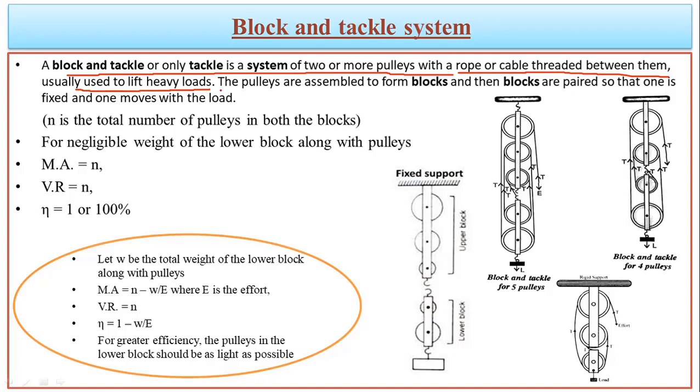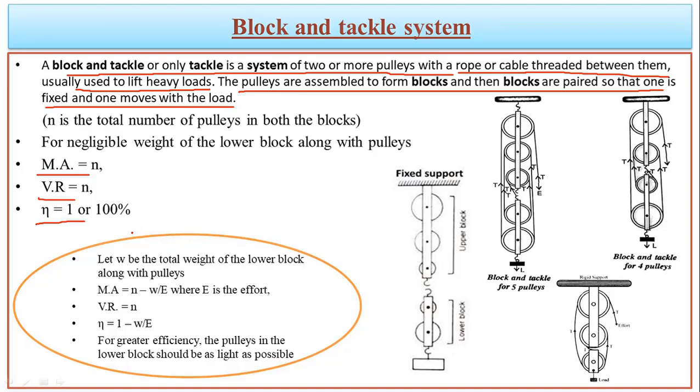The pulleys are assembled to form blocks, and then blocks are paired so that one is fixed and one moves with the load. Here, the number of pulleys in the whole system gives the mechanical advantage and velocity ratio of that system. Here, the efficiency of the machine is considered to be 100% in an ideal condition.